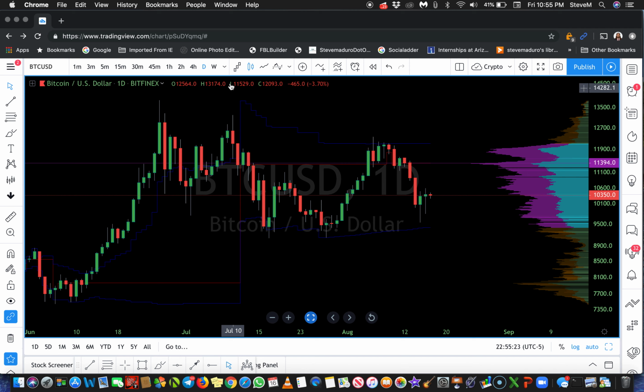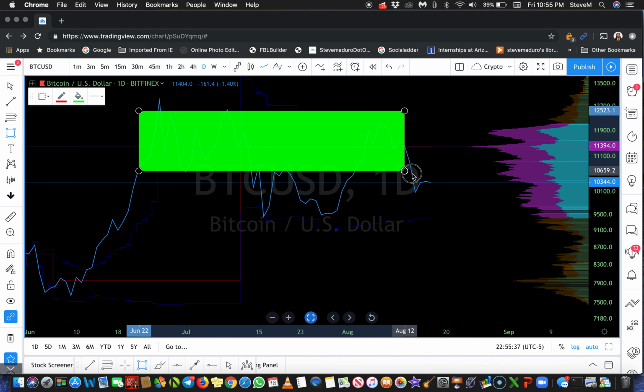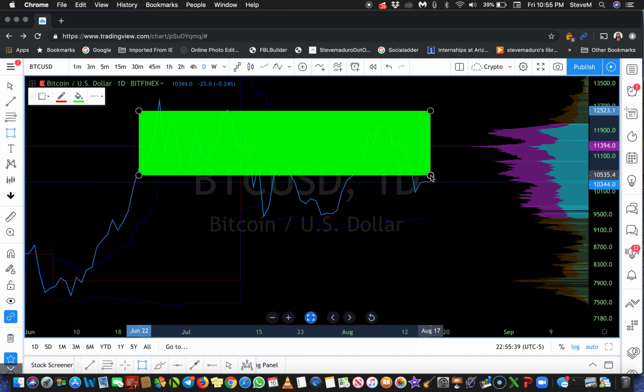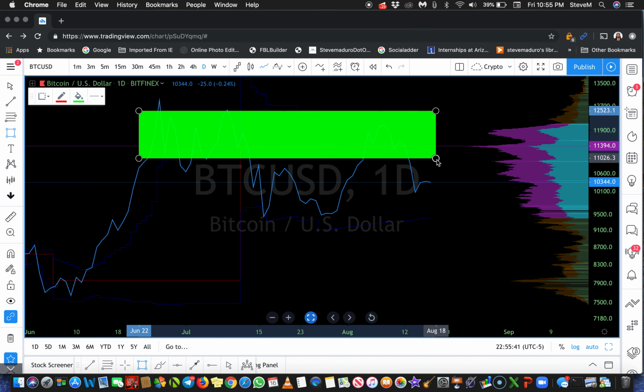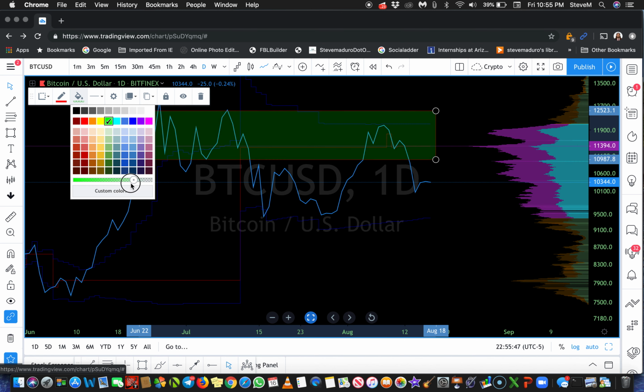And so what I like to do is switch to a line chart. The line chart is going to give me true breaks, number one. I'm going to go over here to my brush, and I am going to draw a zone. Now, of course, I don't know what this is or why this is like this, but I go into the color here, and what I want to do is make it transparent.